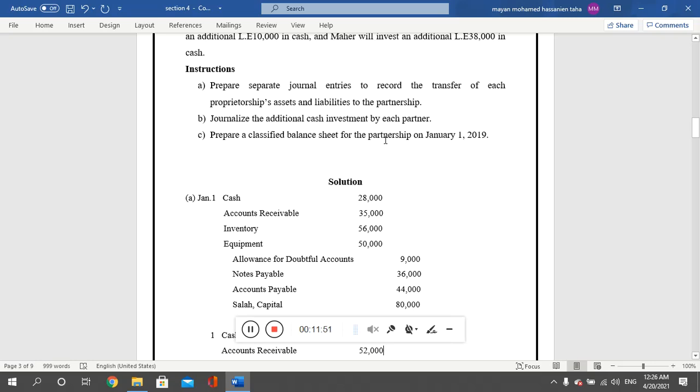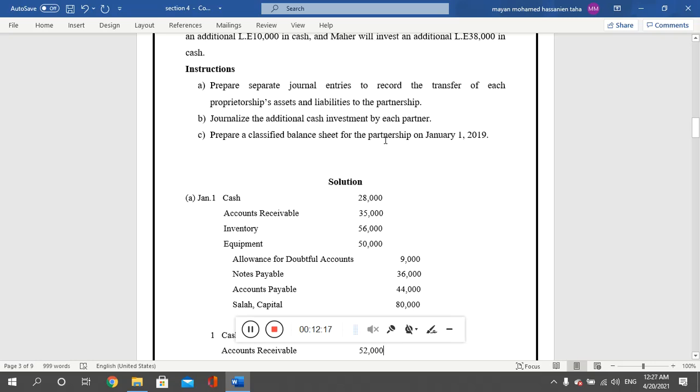As we said before, all liability items have credit nature. So when they increase, it is in their original place, the credit side. When they decrease, it is in the opposite side, so it will decrease in the debit.